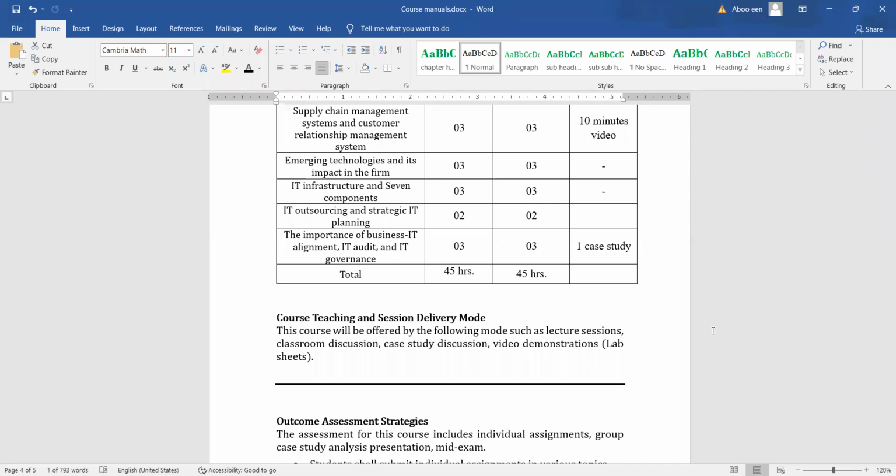Course teaching and session delivery mode. This course will be offered by the following modes: lecture sessions, classroom discussion, case study discussion, video demonstration, and lab video demonstrations. I think you will be online. We have already informed you your session will be online for 5 weeks. After that, you will be physical.